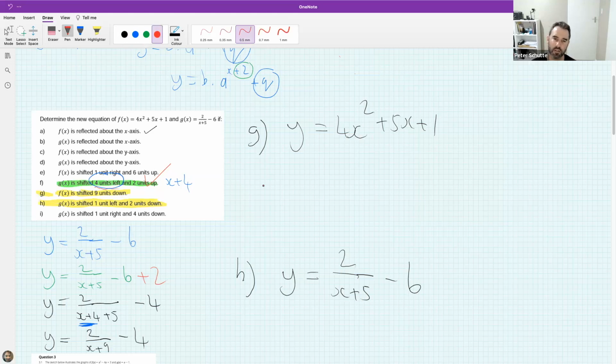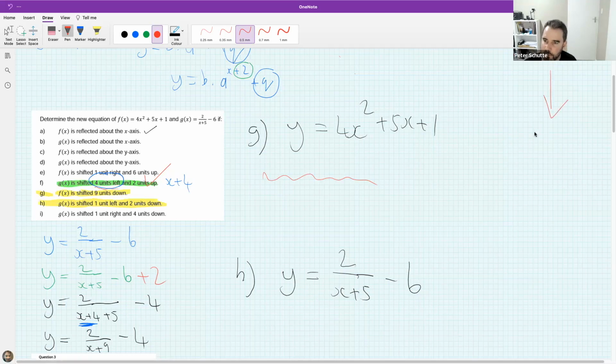What is the new equation for this one going to be? Who feels like they have some knowledge to share, some wisdom to bring to the classroom? So 9 units down.